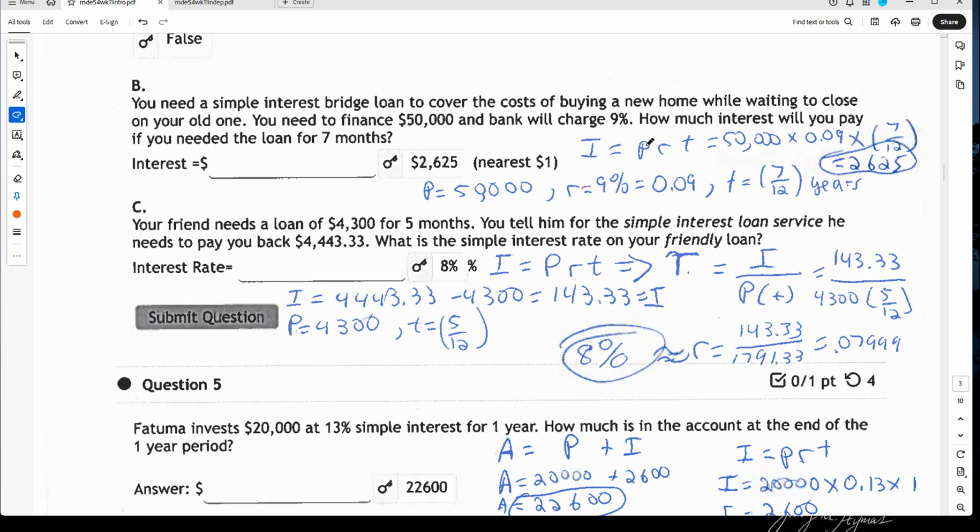I'm using a simple interest formula here, PRT, where P, the amount financed, is $50,000. The interest rate being charged is 9%, 0.09, and 7 months, so T in years would be 7 over 12. When I multiply this out, it gives me the amount of interest, which is $2,625.